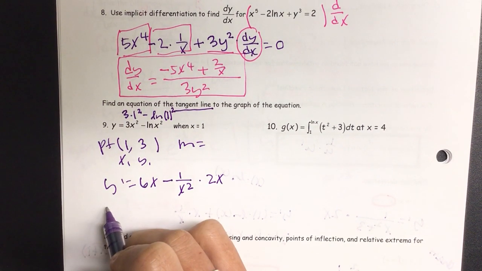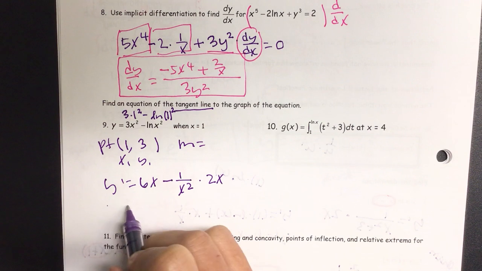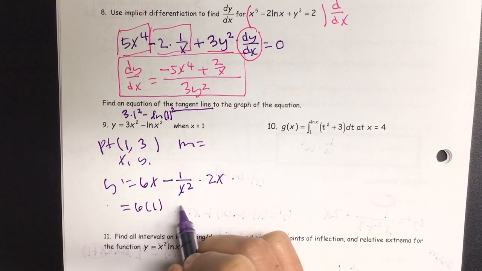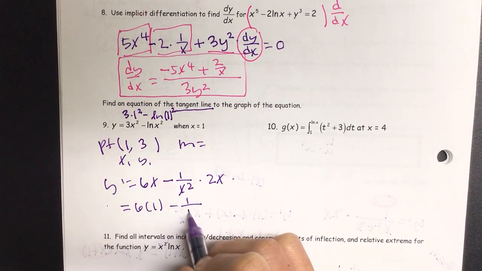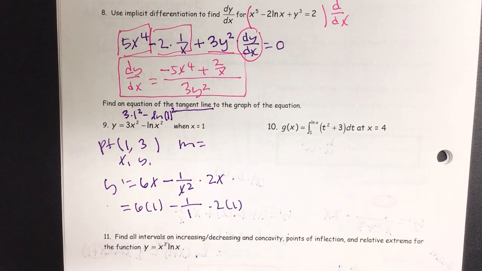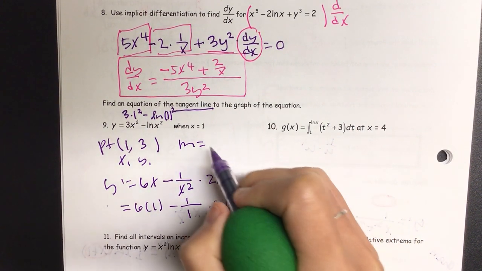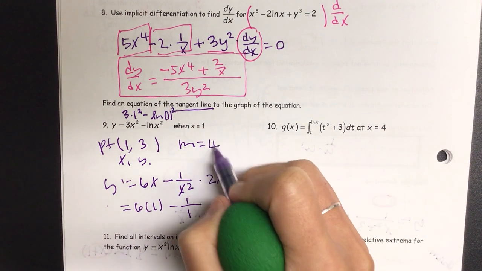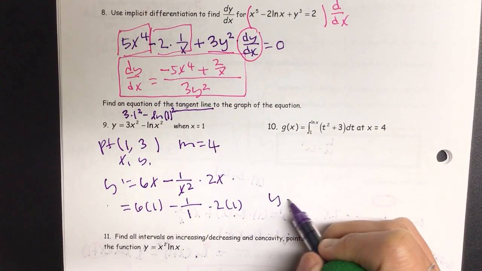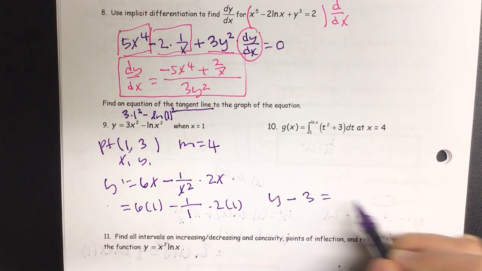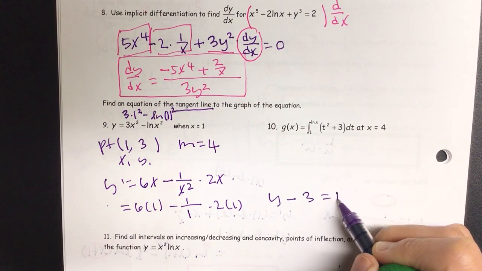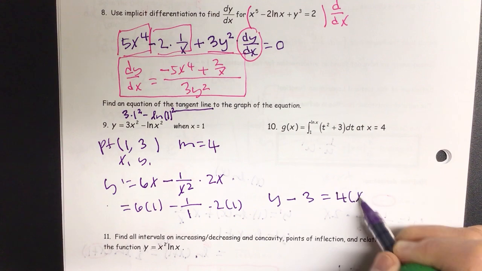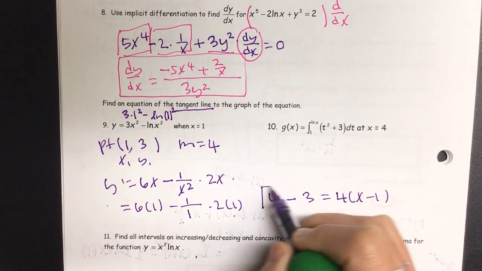Which in the end, when I plug in the 1, we're going to get 6 times 1 minus 1 squared is 1 times 2 times 1. So what is my slope? 6 minus 2 is 4. So we have y minus the y1, which is 3, and then we have m, the 4, times x minus the 1. And that's it.